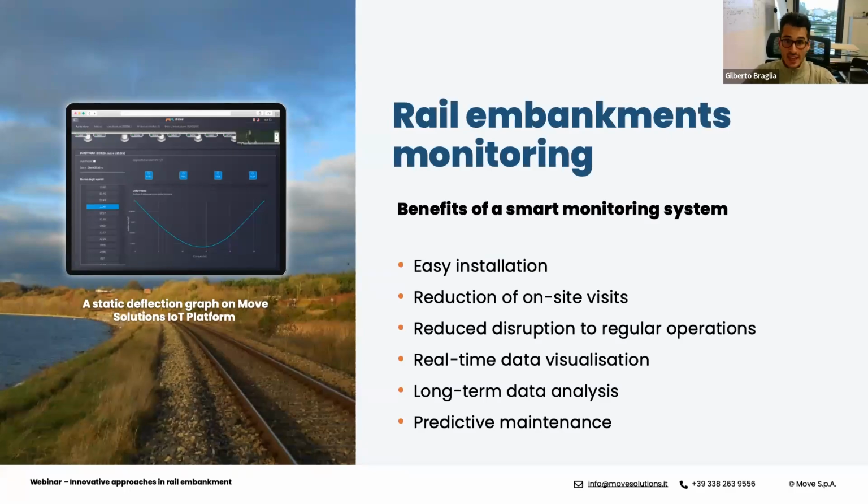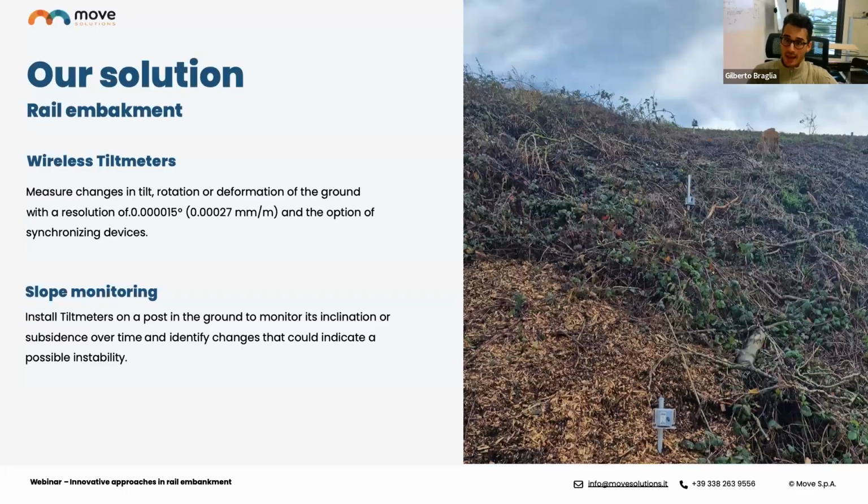So that's it. In the case of the embankments, what Terra Measurement made was basically setting up a grid of several smart tilt meters, mounted on poles that were then installed on the ground itself, to understand how this grid is changing its shape over time.